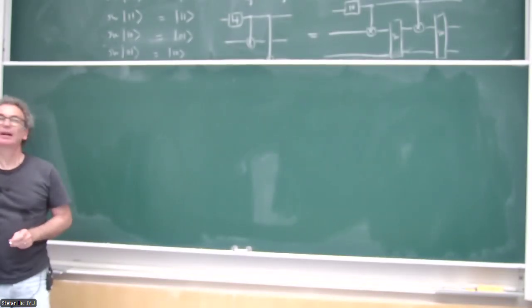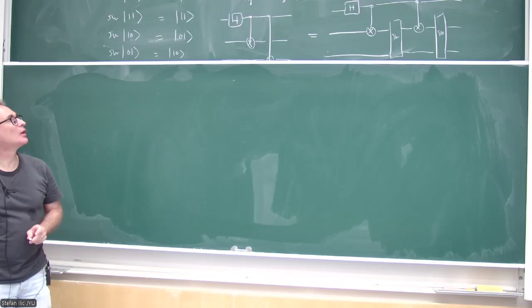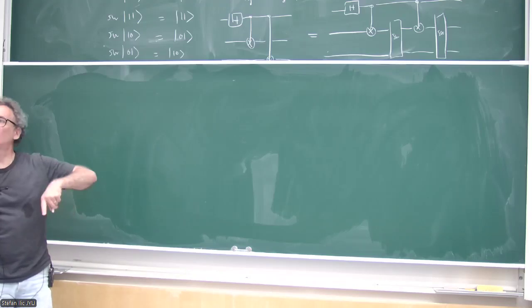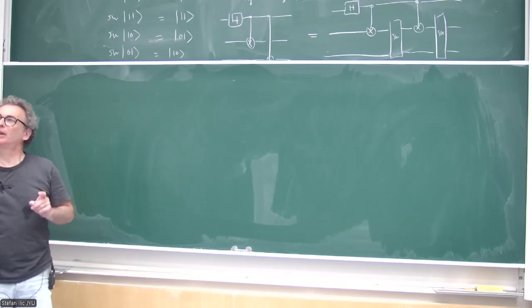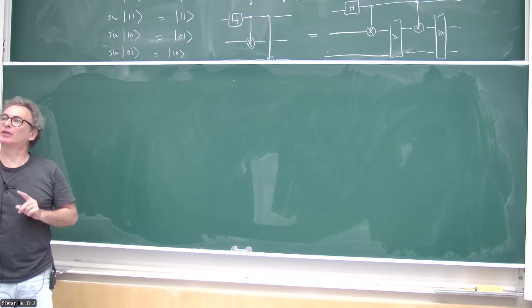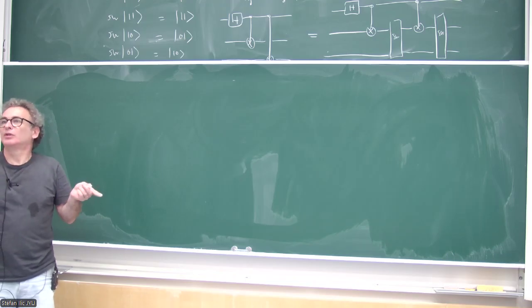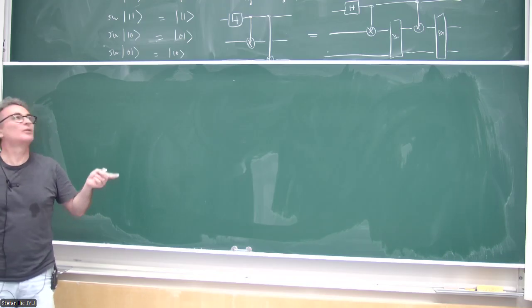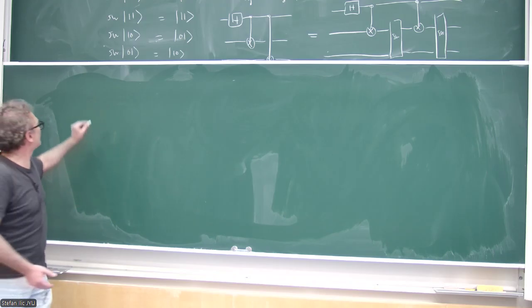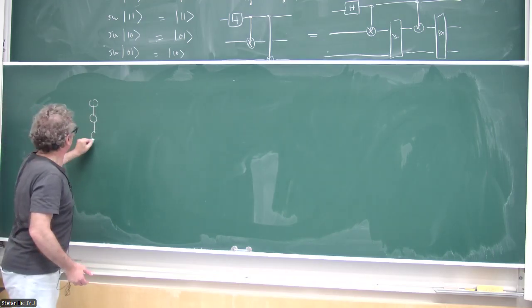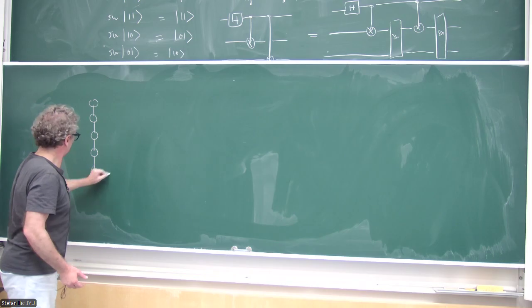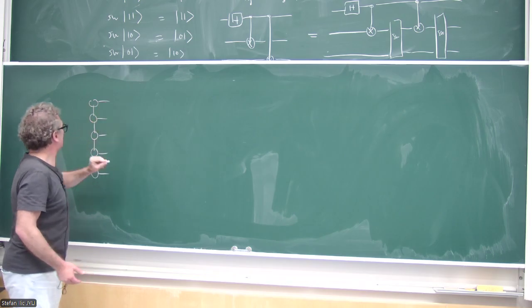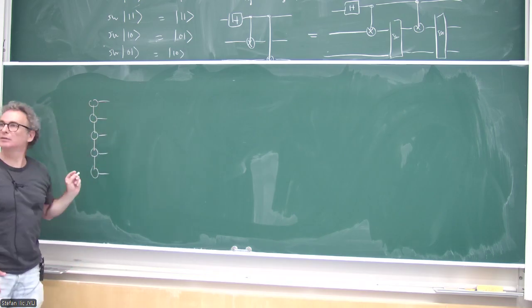Chi is just the size of the link. When I introduced the tensors at the very beginning, I said each leg has a size d, and so in MPS we have two kinds of legs. So this is an MPS. This is a tensor, right?